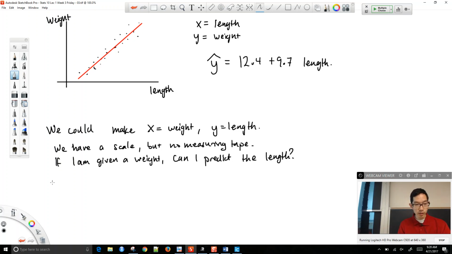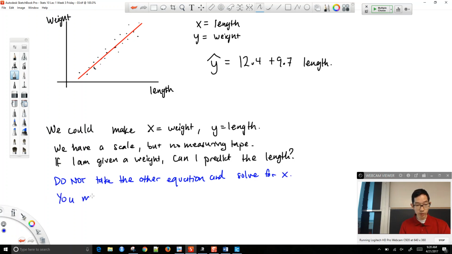Okay, so do not take the other equation and solve for x, okay? You must recalculate slope and intercept.